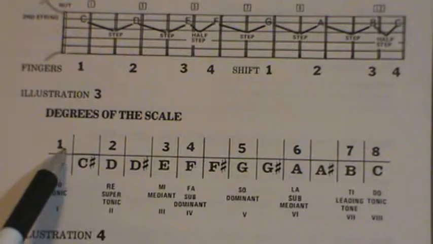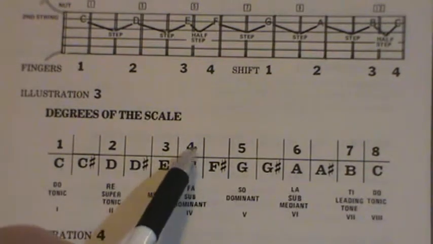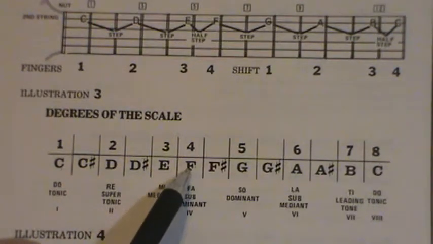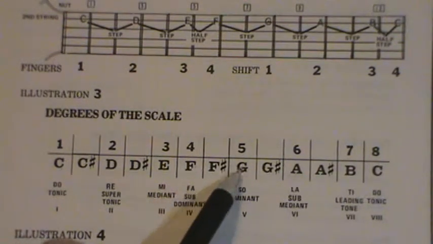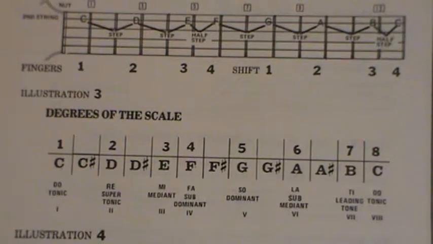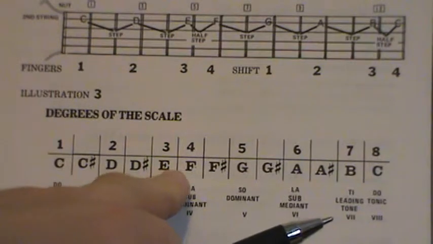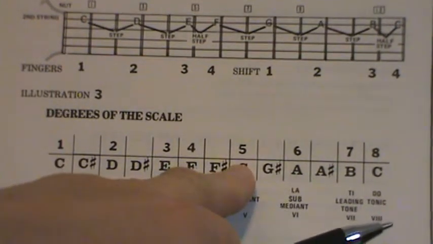Okay, 1, 4, and 5. 1 is C, 4 is F, and 5 is G. Just that simple. So in the key of C, in your degrees of the scale, you're counting 1, which is the chord you're playing in, then 4 and 5. You just look up here: 1, 4, and 5.